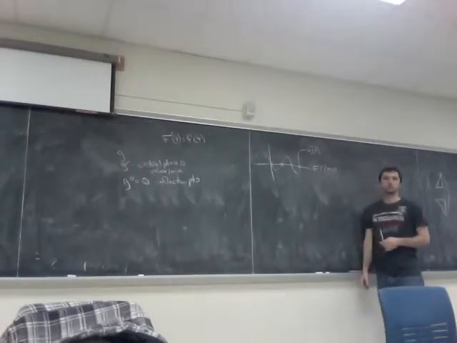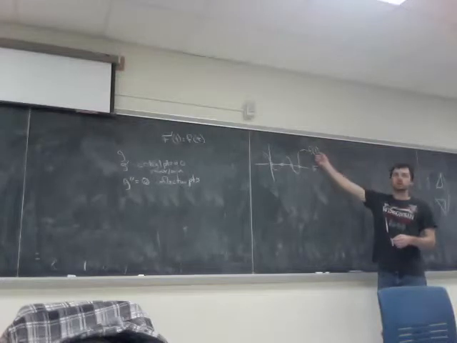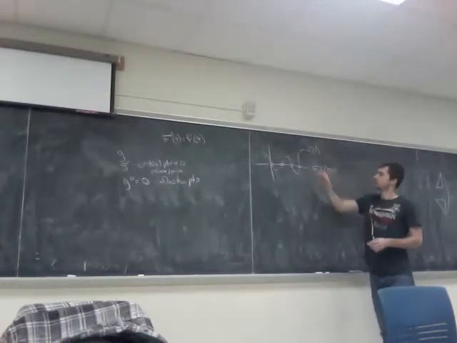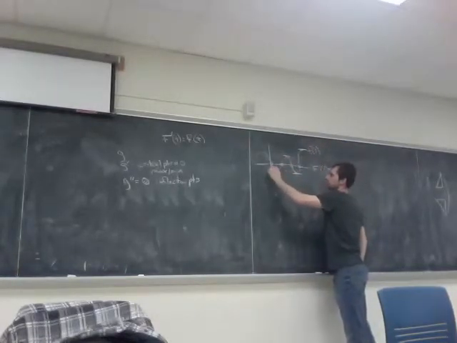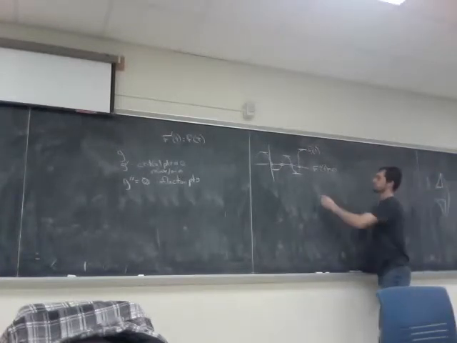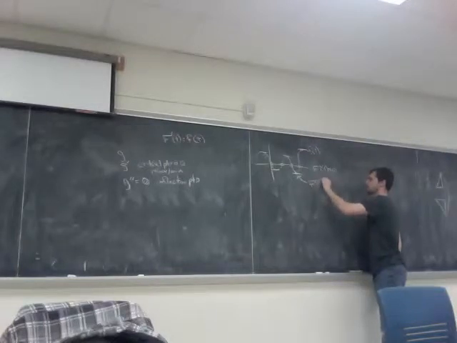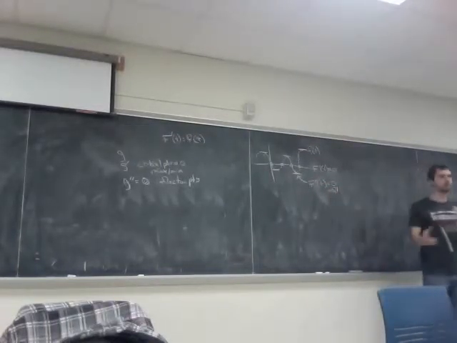So if I'm looking at where my first derivative is equal to 0, what I'm looking at are the max and mins of this. So where I have a max or a min, those become the inflection points of big F.